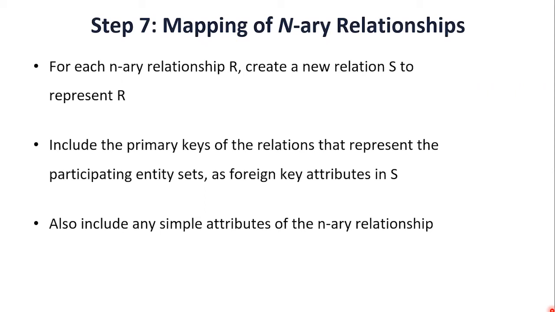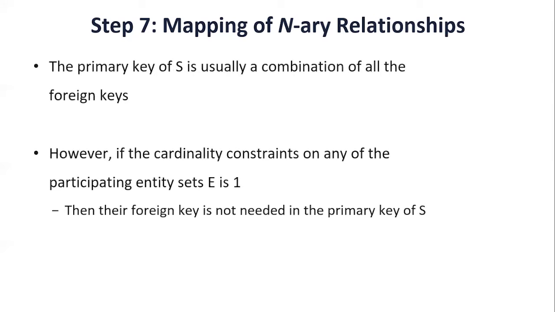Also include any simple attributes that belong to the relationship as attributes in S. And the primary key of this new relation S is usually the combination of all the foreign keys. So if we have a three-way relationship, we need to have the primary keys of all three tables as foreign keys, and they will usually be the primary key as well.